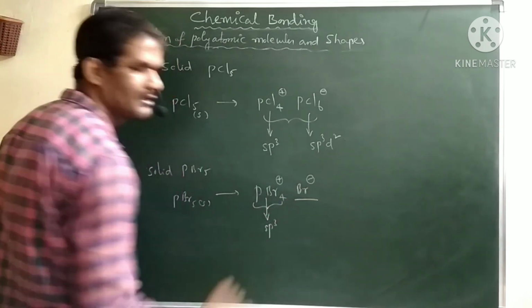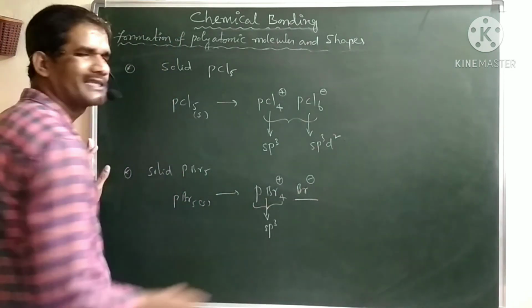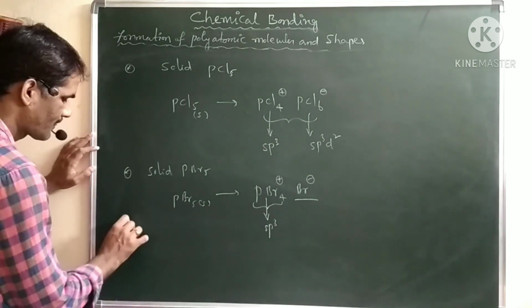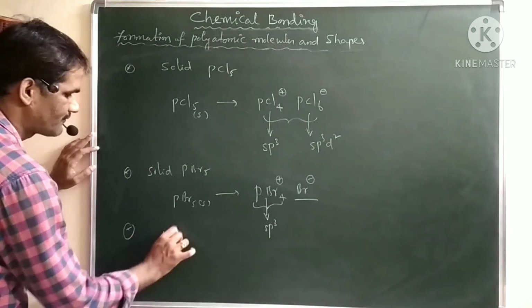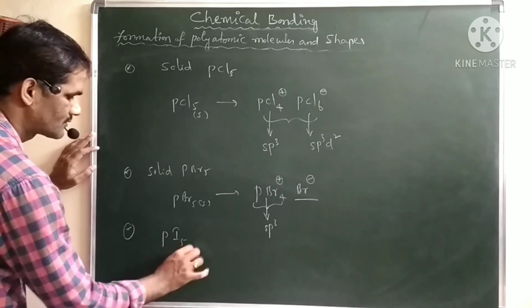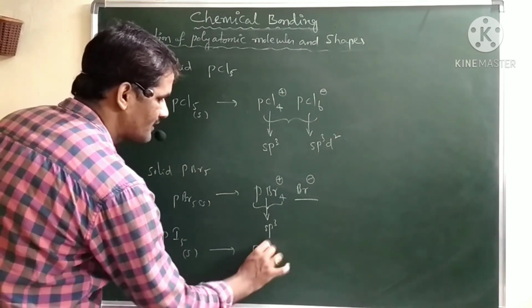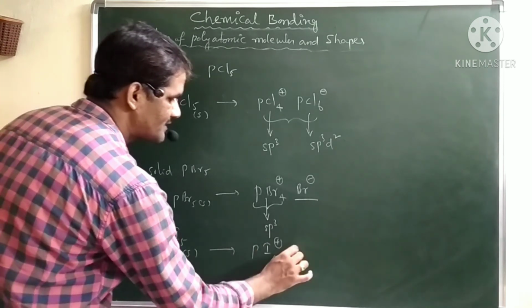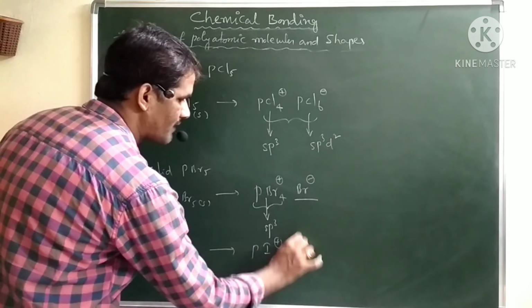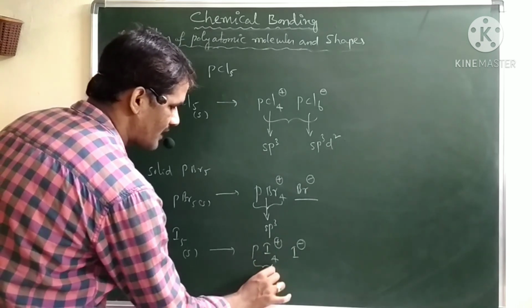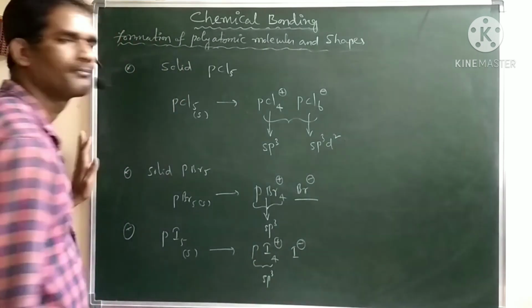For the single ion, there is no hybridization. Similarly PBr5 and PI5 also. So in the solid state it exists as PI4 plus and I minus. Again this hybridization is sp3.